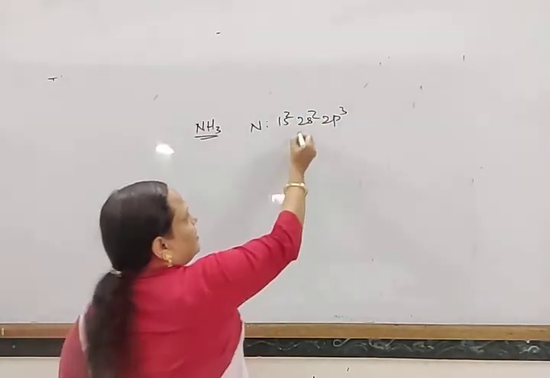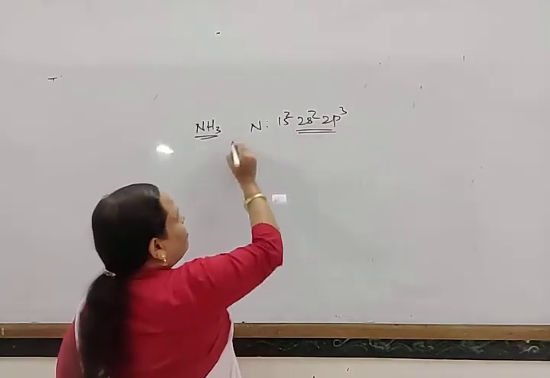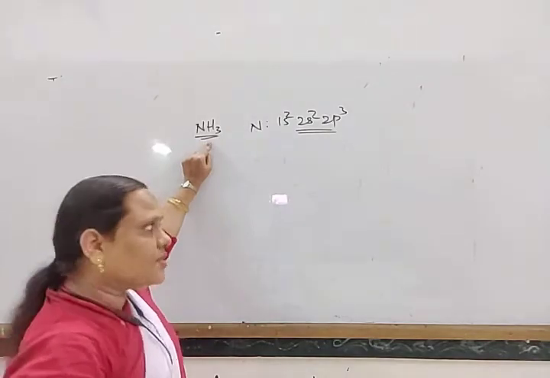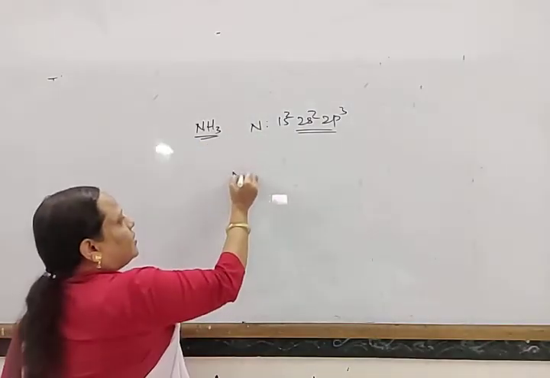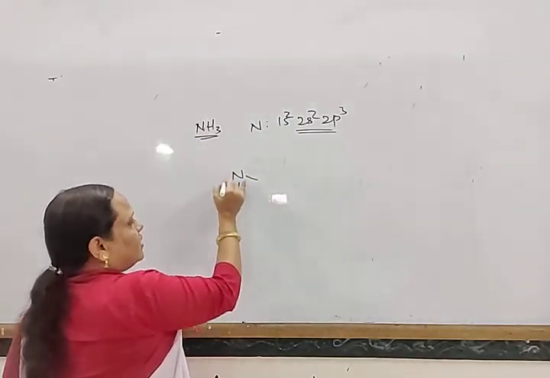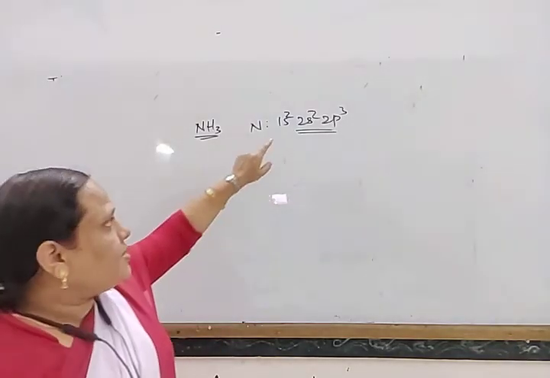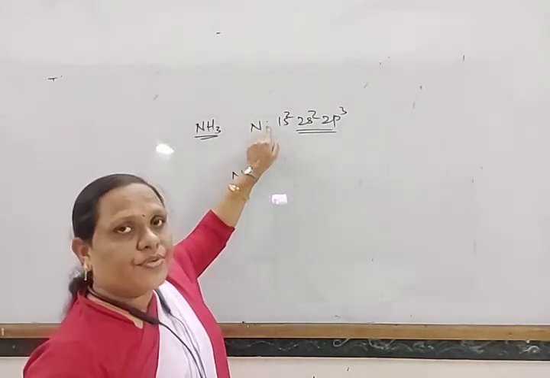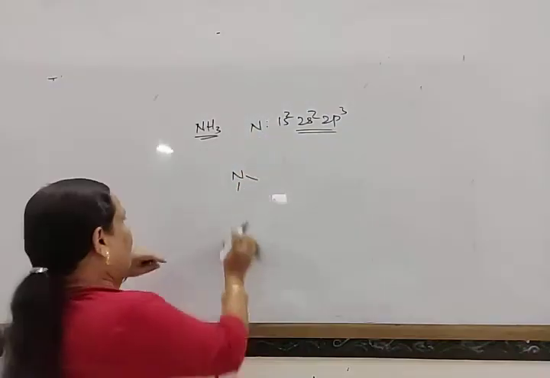So in the valence shell there are 5 electrons, but it forms 3 bonds. In this way, as nitrogen forms 3 bonds, there is presence of one lone pair of electrons.